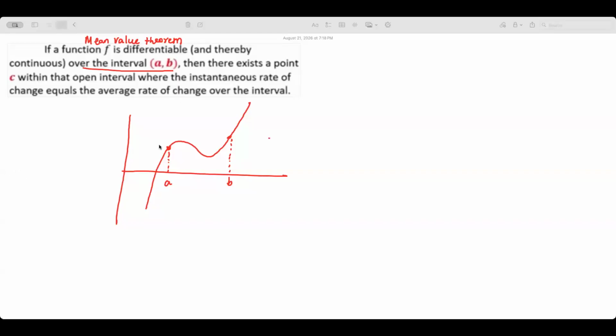So what are we considering? Only this piece. It is differentiable and continuous, right? There exists a point within that open interval, where a and b are not included, where the instantaneous rate of change is equal to the average rate of change. So what is the average rate of change between these two points? f of b minus f of a divided by b minus a is your average rate of change. Any questions here?